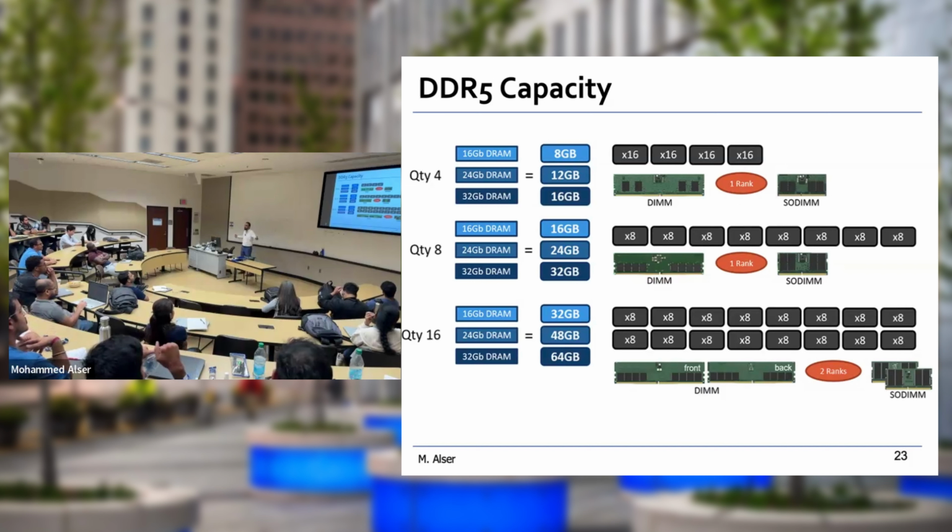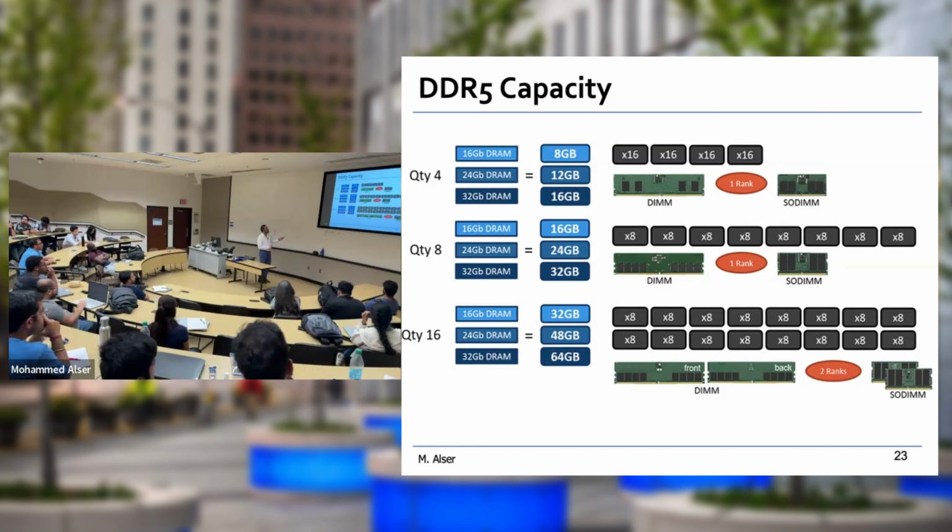So that's like different configurations that you can choose yourself. If you have a chip that provides 8 bits, you can have 8 of them instead of 4, because the total should at the end be 64 really. And here you have different configurations, depending on the capacity of each of those chips, but you always have 8 of them. So you can multiply that number with 8, you will get 16 gigabytes.